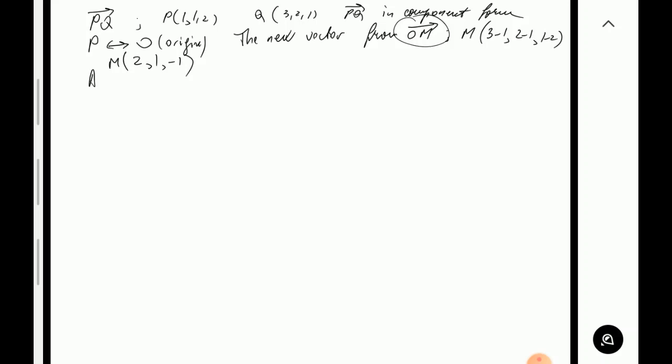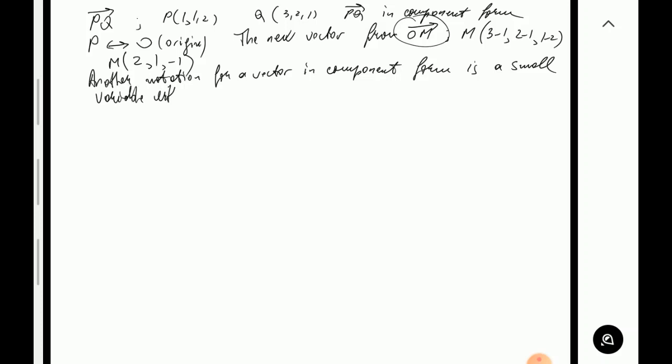So another notation for a vector in component form is a small variable with a bar on the top and less-than/greater-than brackets to specify the components.